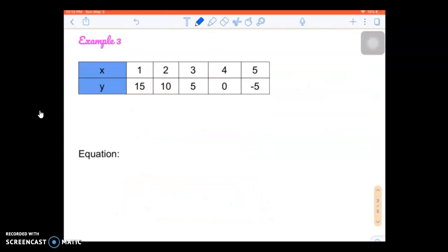All right, we got another one. So again, thinking about my slope, my change in the y column, 15 to 10, we got another negative slope. These are changing by 5 every time, negative 5.